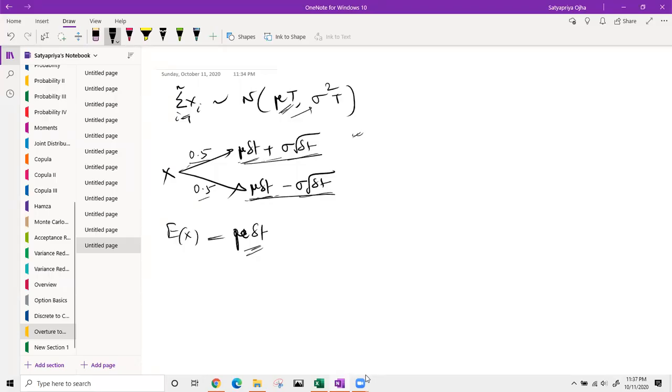You see, because it's 0.5 and 0.5 already, when you add them together, expectation would become mu delta t. If it is not clear, let me expand it.